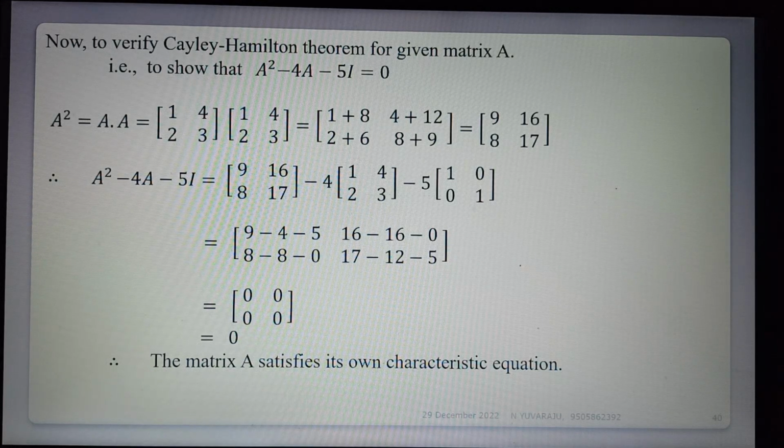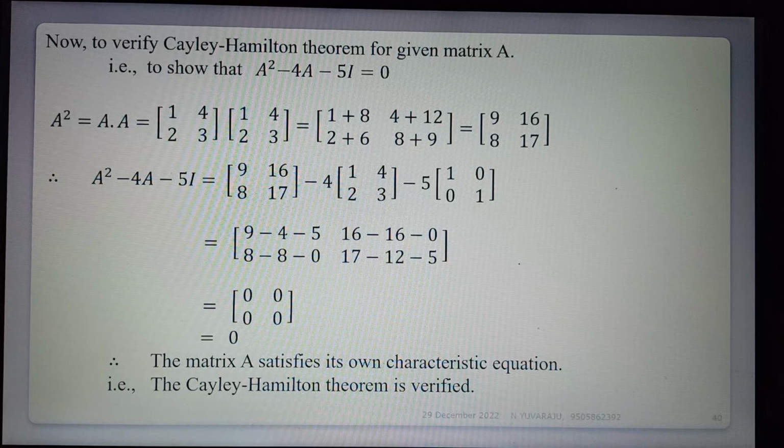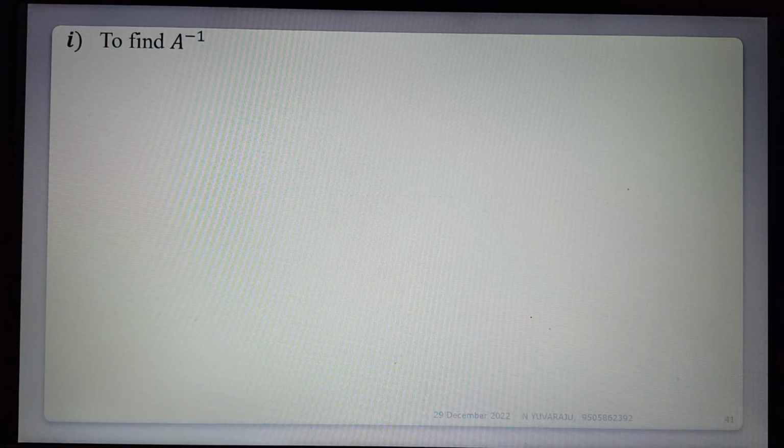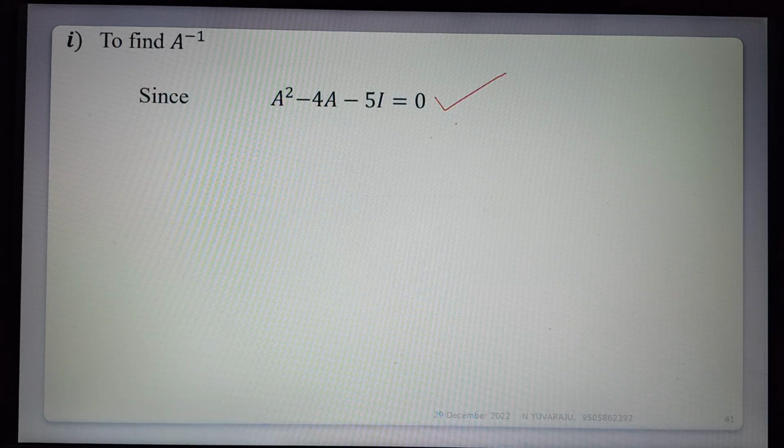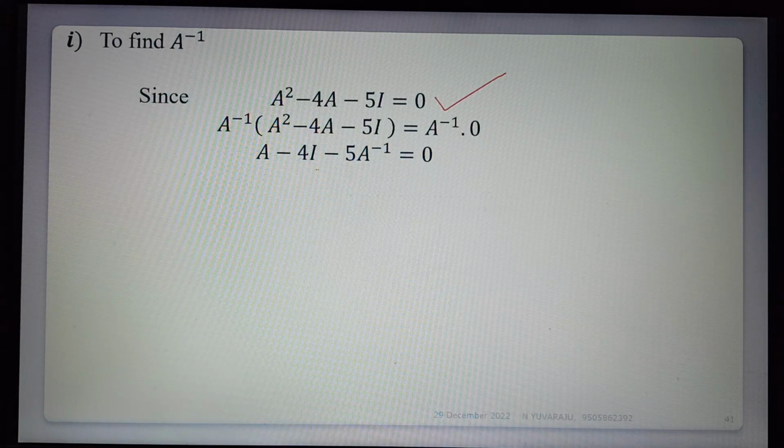Okay, so next one, finding A inverse. Since we know that equation a square minus 4a minus 5i is equal to 0, multiplying A inverse on both sides, that is equal to a minus 4i minus 5 into A inverse is equal to 0.